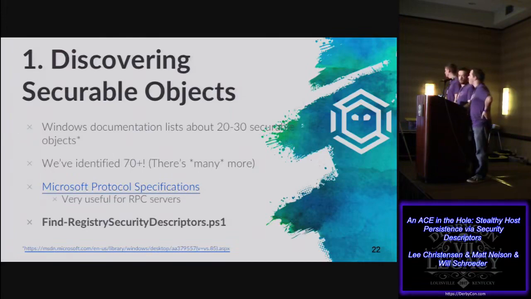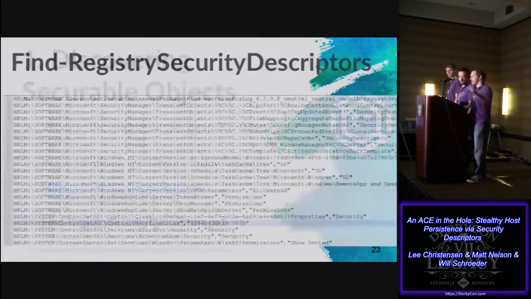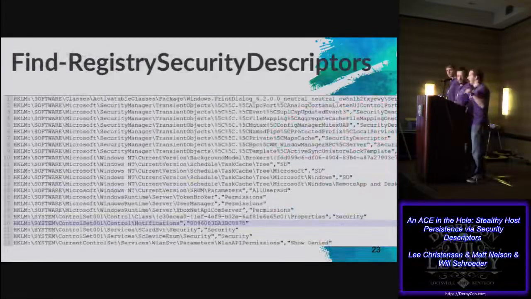Another thing that we did was I wrote a little script called Find Registry Security Descriptors, and all it did was enumerate every single value in the registry and try to convert it to a security descriptor. Usually in the registry, those are stored as either a byte array or an SDDL, which is a string version of a security descriptor.